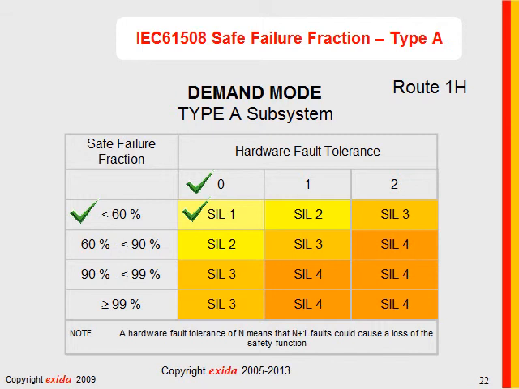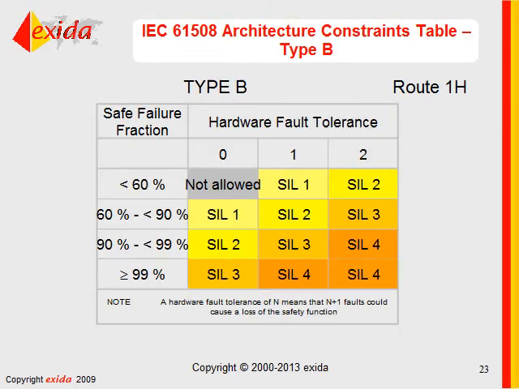Everything looks all right. And type B is an order of magnitude tougher, or in general requires 1 higher level of redundancy. Now, both of these tables I showed you are the Route 1H.